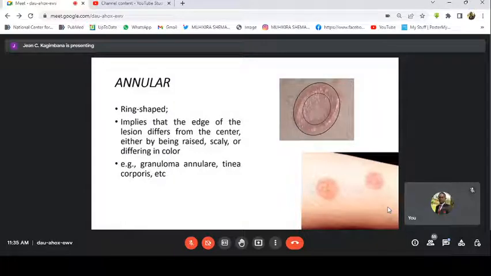Like here, this is the characteristic of granuloma annulare. It has this round shape, like here in tinea corporis, a fungal infection. You see, it has an annular lesion, but at the same time, it is hyperkeratotic. Okay?